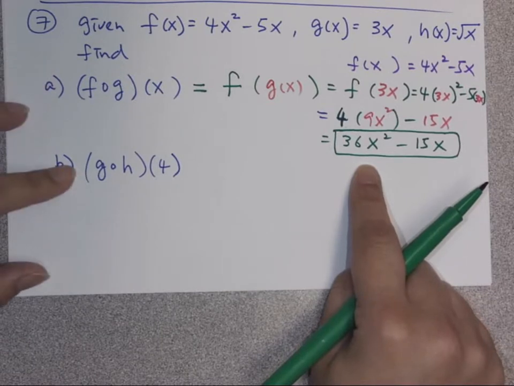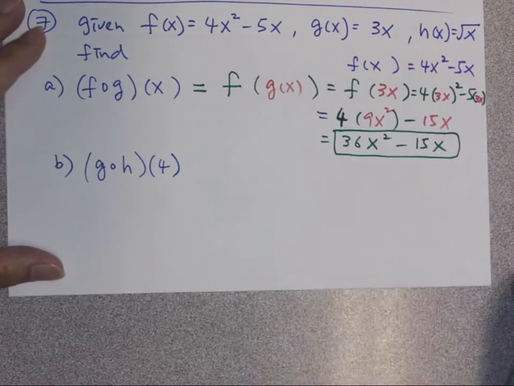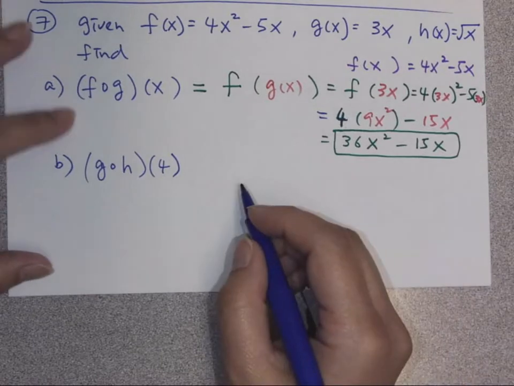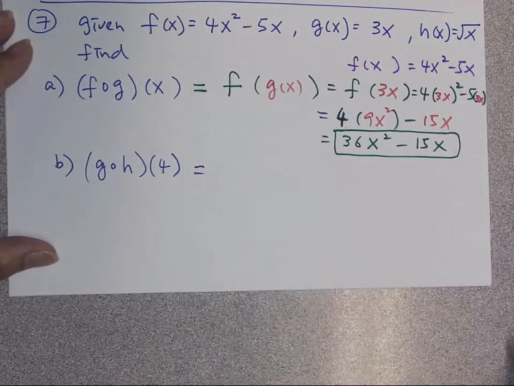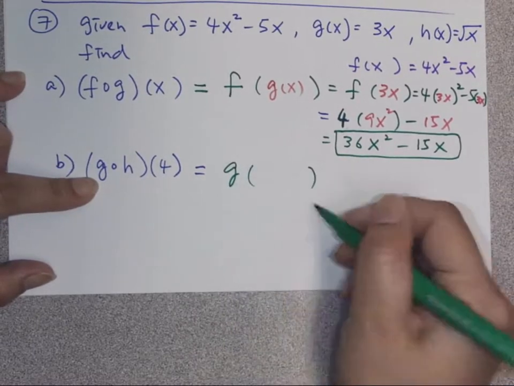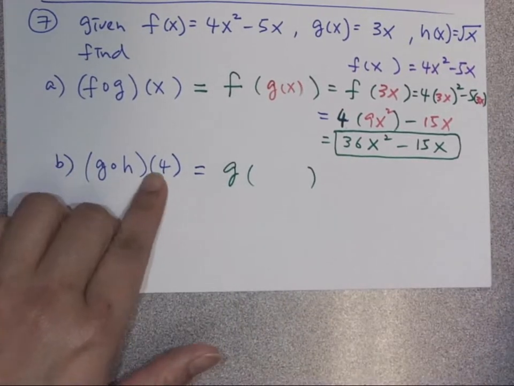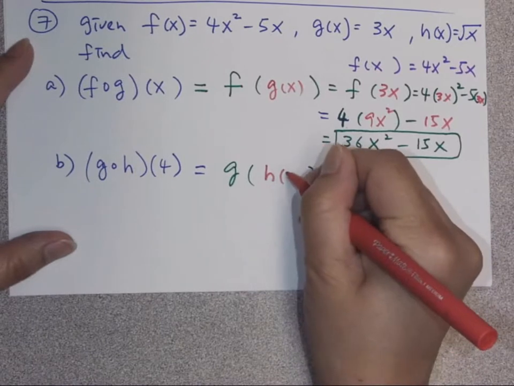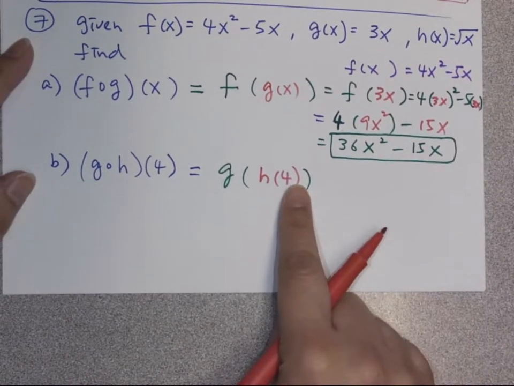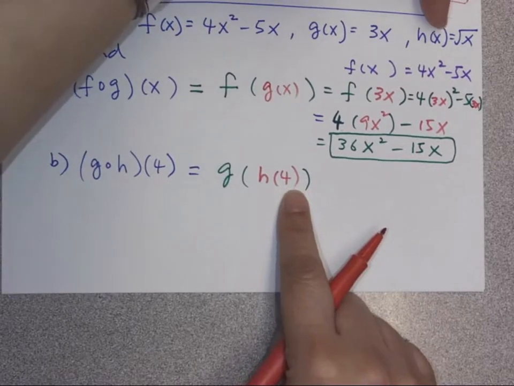The second one says g of h of 4. So it's based on g, and then we need to plug in this part, h of 4. For me, I will first find what h of 4 is.